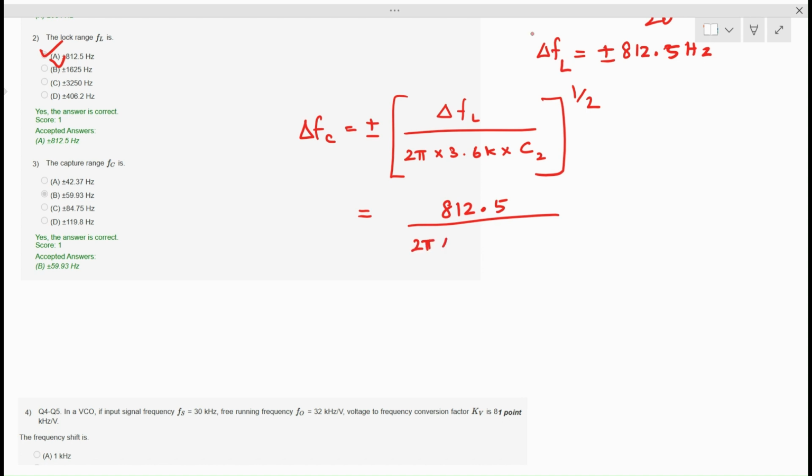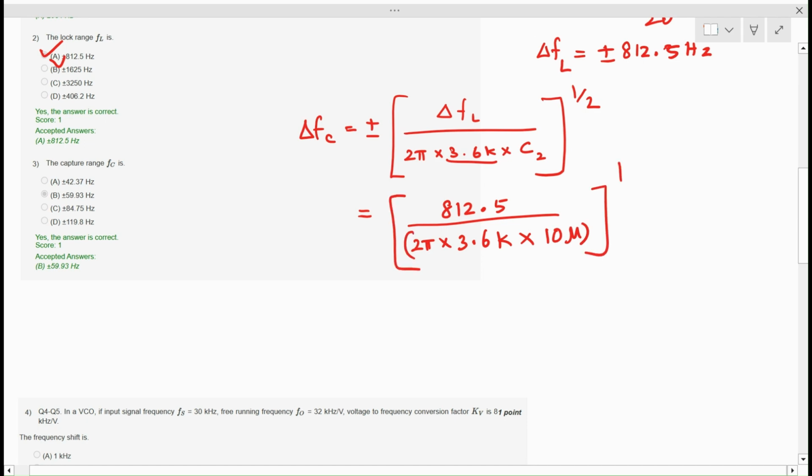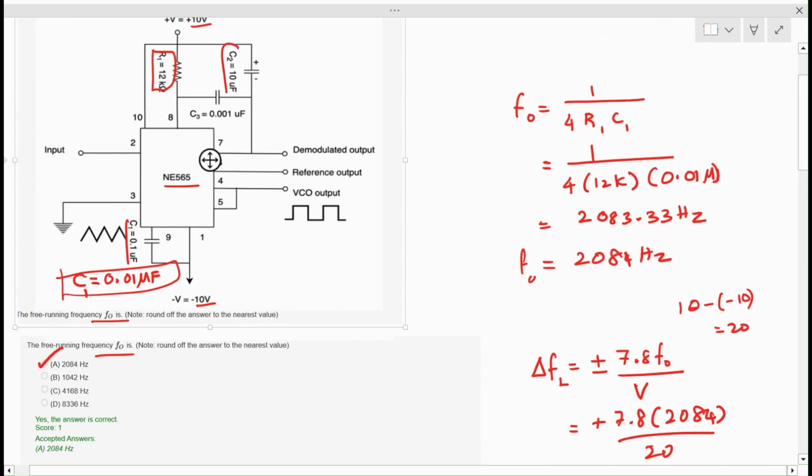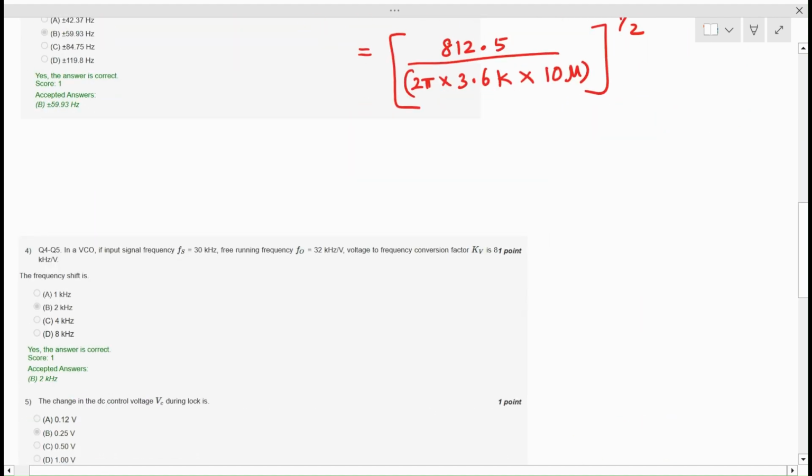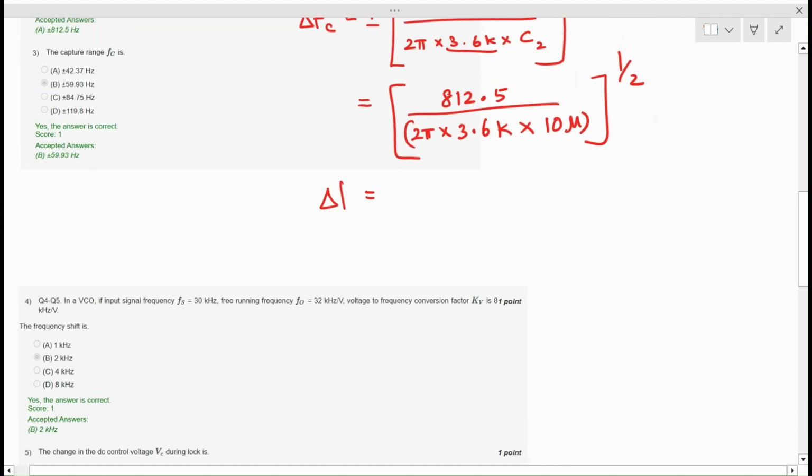The 3.6 kilo ohm is internally present inside the IC. C2 is 10 microfarad, which is given in the circuit. After substituting these values, we will get del FC equals plus or minus 59.93 hertz.